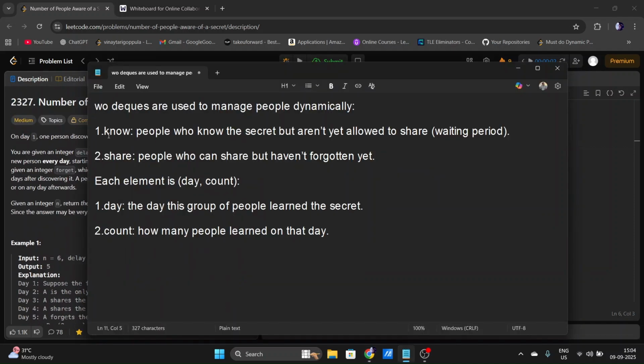Now what we will do is use a DQ to manage people dynamically. Why DQ? A DQ is efficient to pop from front or back, or push from back or front. So we use two DQs, no and share. No holds the people who know the secret but aren't allowed to share, meaning there is a waiting period.